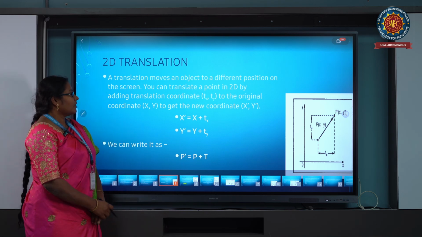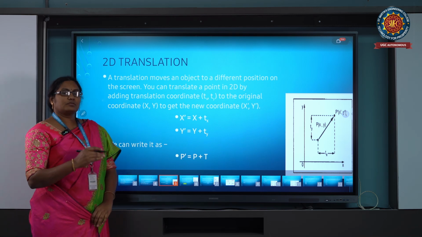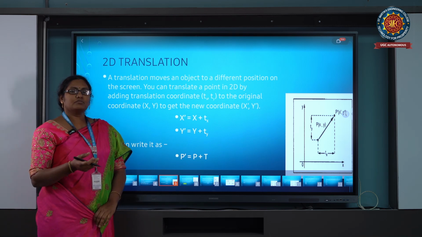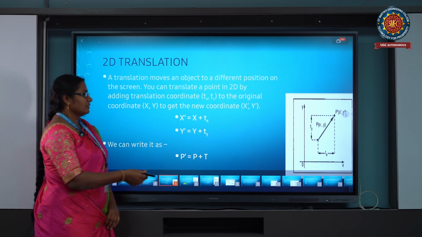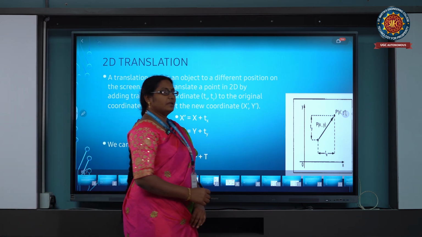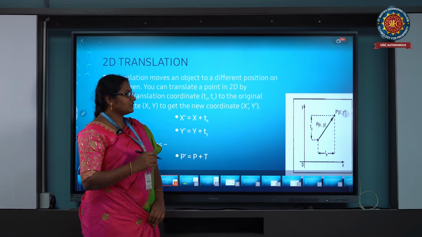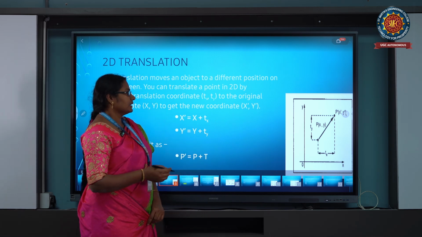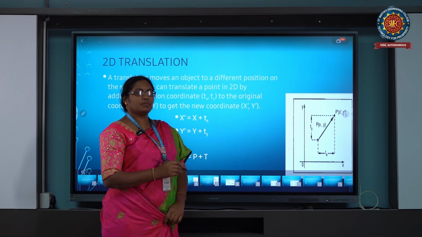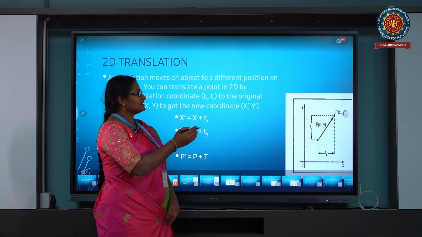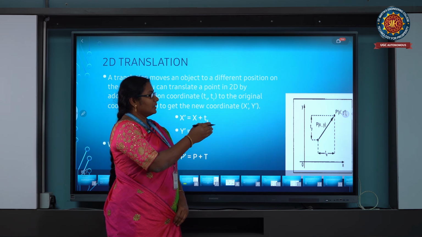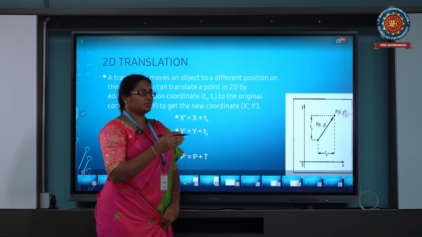Translation. So what is translation? We are moving the position of a point or the position of any object, any image. Here is one example. In the XY plane, we are changing the position of the point. Here the original point is P(x, y), and after changing the position, the translated point is denoted as P dash.